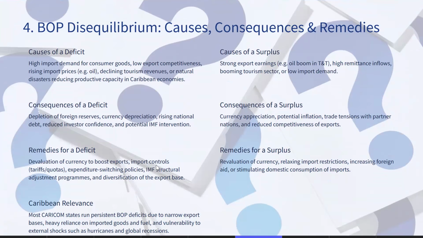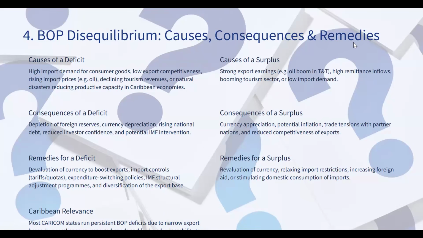Now let's look at balance of payment disequilibrium. What causes us to have a deficit and what causes us to have a surplus? So a cause of a deficit would be if consumers have a high demand for imports.